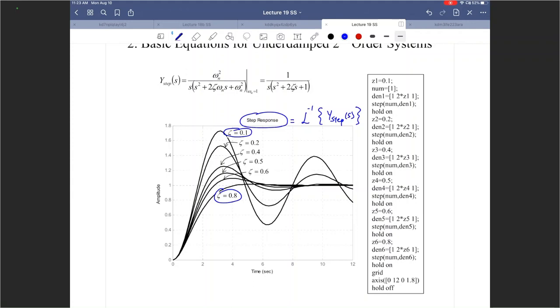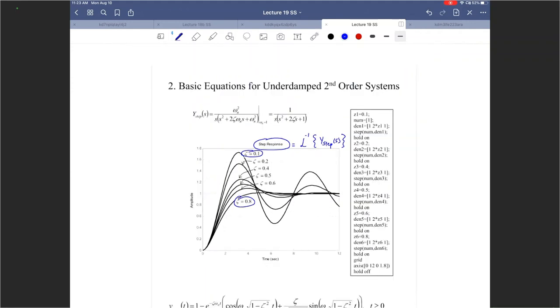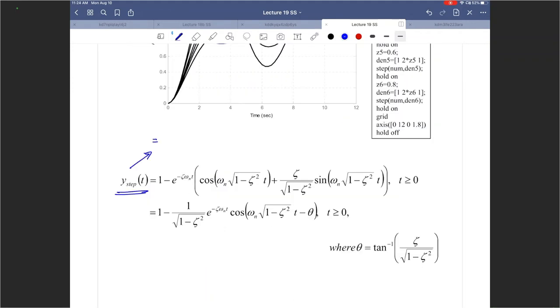Also, using the inverse Laplace techniques, all the work is not being shown here, but if you find y step of t, that is also written over here. This equals the inverse Laplace of y step of s. So a pretty complicated equation.